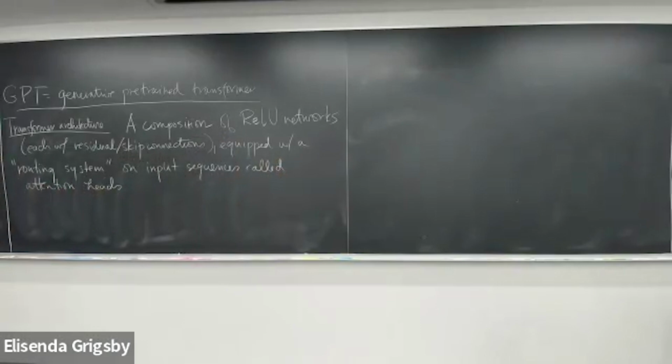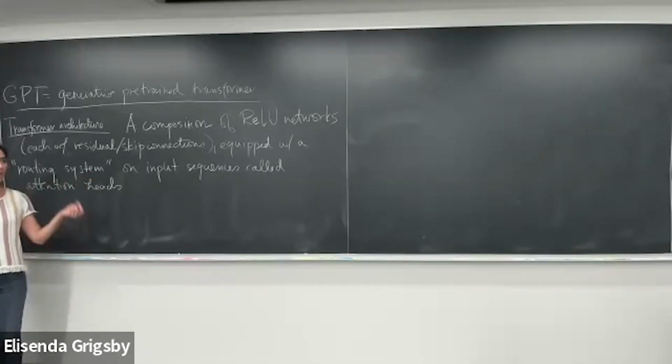So the idea here is that, just like the class of functions that we've been talking about, this is a parameterized class of functions. Somehow, in that sense, not much more than we've been talking about.